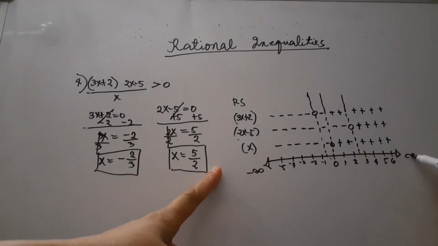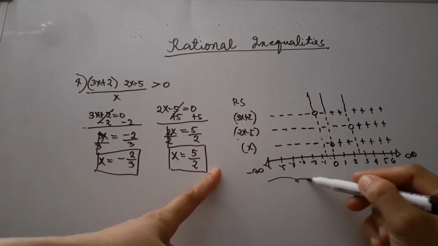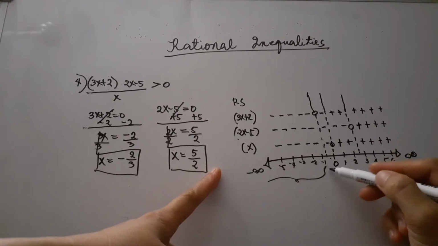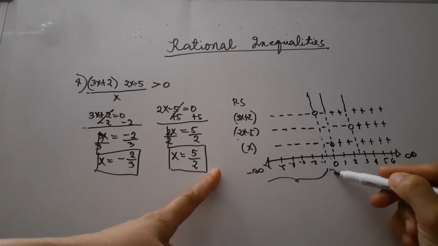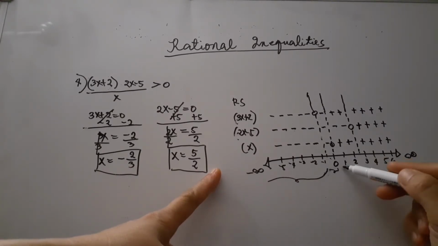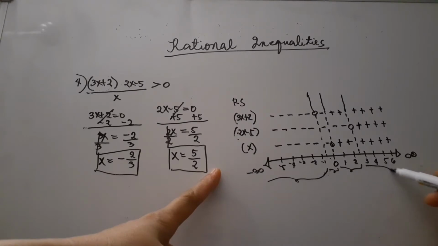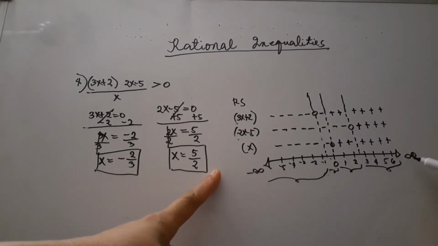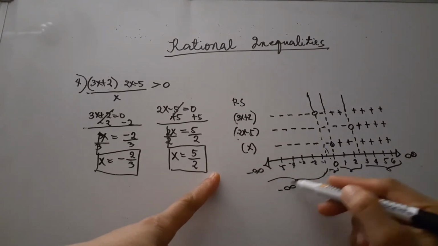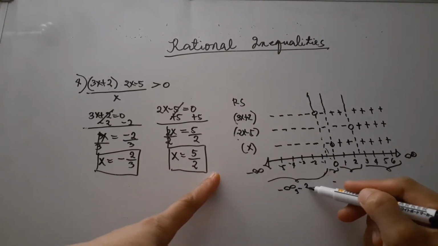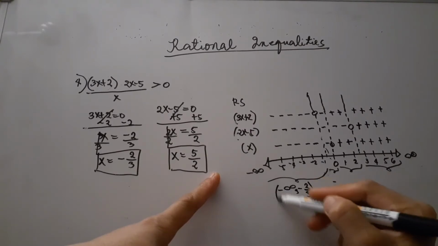So here is negative infinity and positive infinity. In this section, we can relocate this. So in this area, we have negative infinity and negative 2/3.